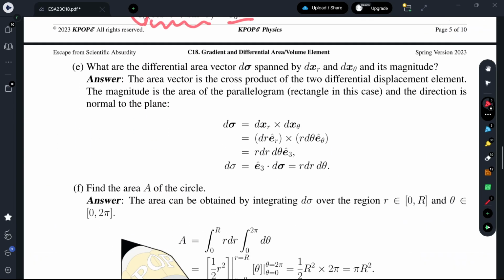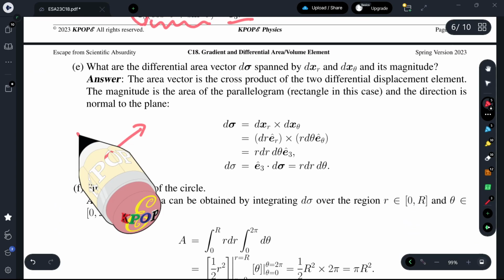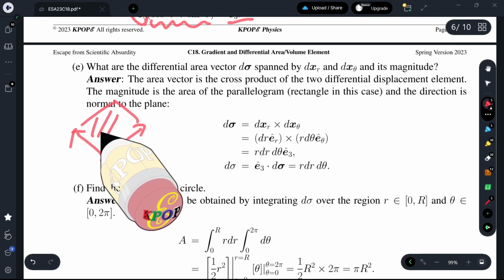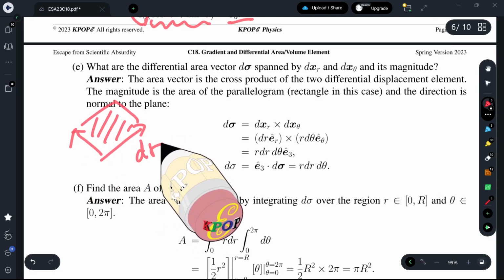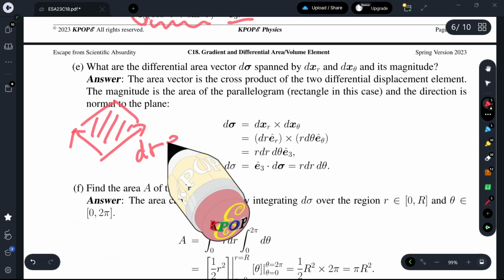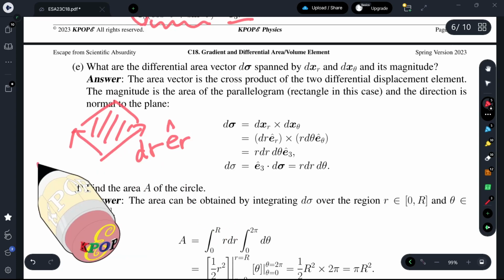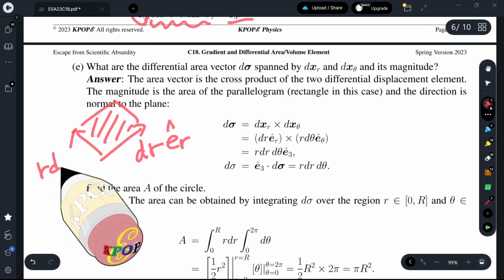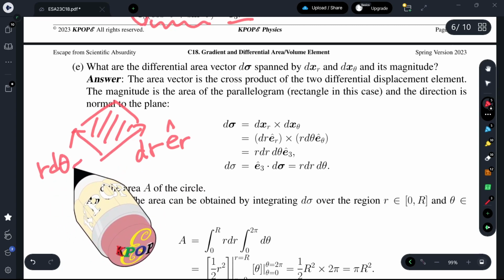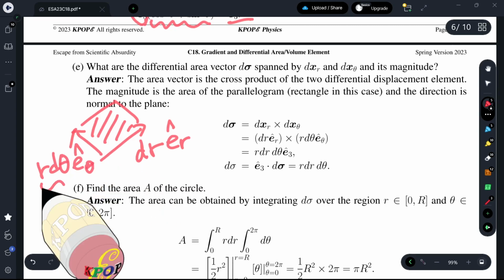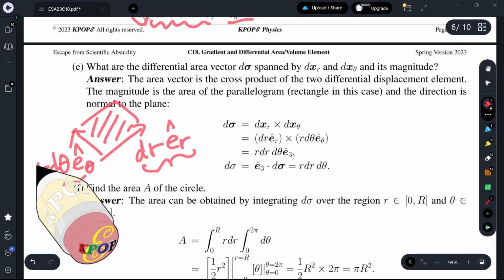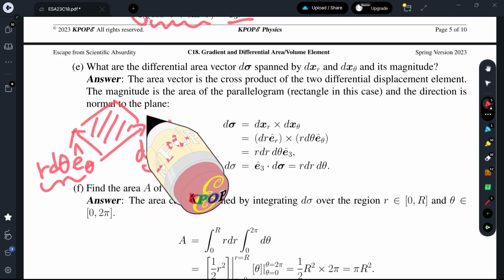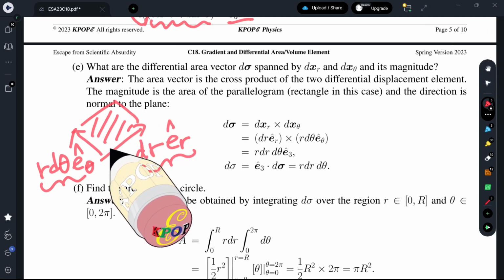As a result, for the differential area element due to the variation of r, that is e r hat and e theta, we have these two side vectors of a parallelogram.